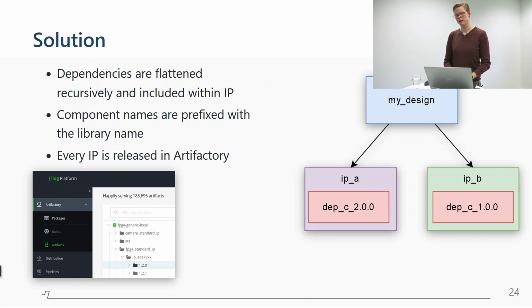And that means that IP A and IP B now both contain the respective version of dependency C that they need. And every IP that we have, we release to Artifactory, which is a package management system that we already used at Prodrive. So we just automatically put all our IPs in there, and they can be used as required.